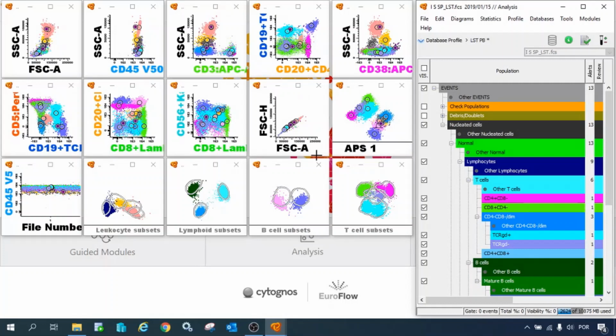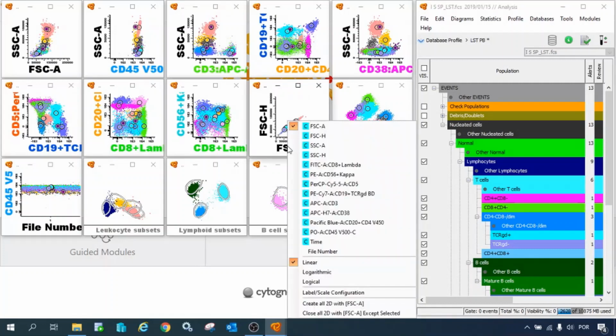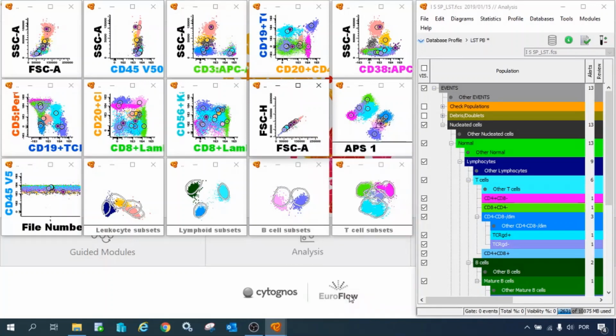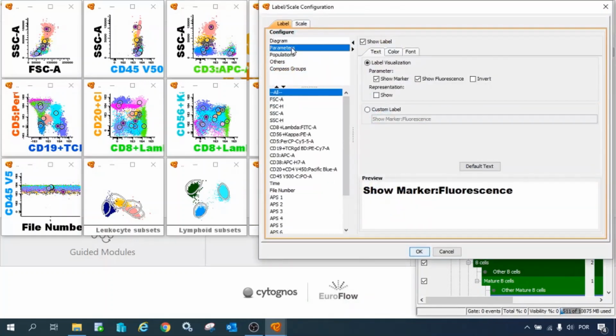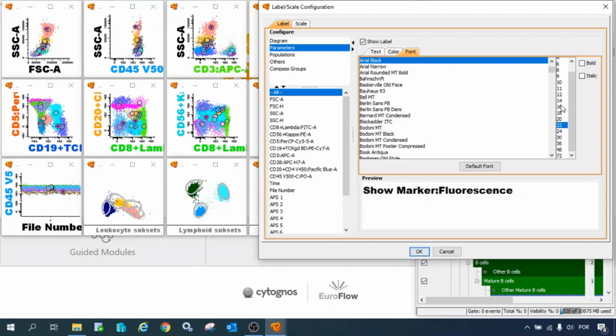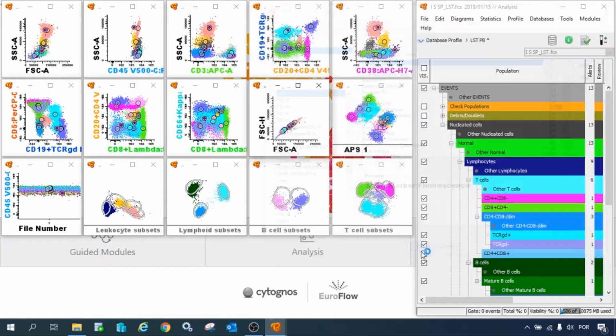But before we move into that direction, I would like to change the font size of the parameters so that you are able to see all the labels in every axis, namely the lambda and the kappa, for they are very important in this dot plot regarding the B cells, and the CD4 and the CD8 for the T cells. I would also like to call your attention to this graphic here, the APS.